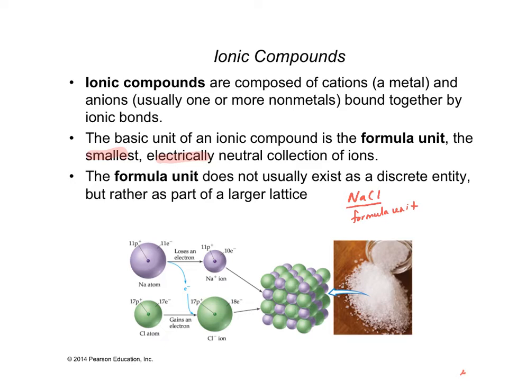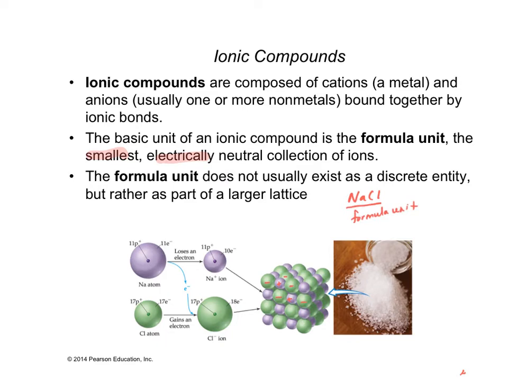But in reality, for sodium chloride, you will never just find a sodium and a chlorine by themselves, isolated, ever, right? Instead, these ionic compounds form large lattice or crystal type structures where you have the sodium surrounded by the negative charge chlorines, and a sodium surrounded by the negative charge chlorines, right?